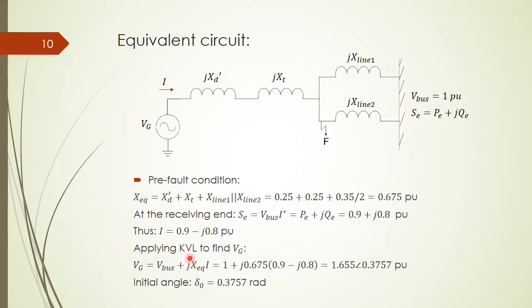Here we apply KVL to find Vg, and KVL says that Vg equals V bus plus the current times the equivalent impedance here. And then we can find that Vg equals 1.655 with the angle of 0.3757 radian in pu. Notice that here I prefer radian. Therefore, the initial angle here is delta 0 equals this angle, 0.3757 radian.